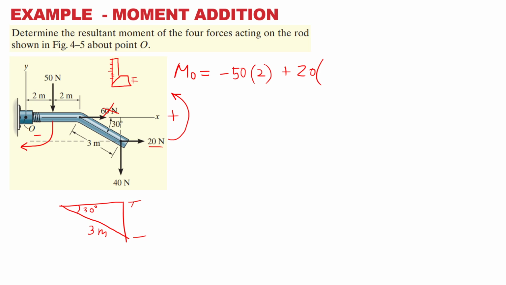This distance berapa? And this distance berapa? Obviously yang ni 3 cos 30 degrees. Ini 3 sin 30 degrees.